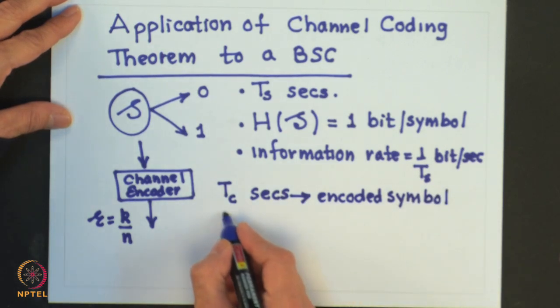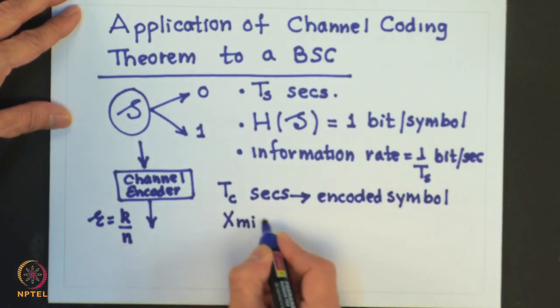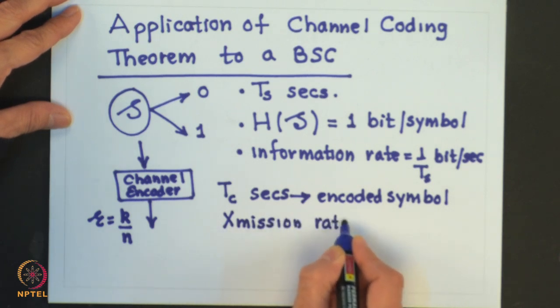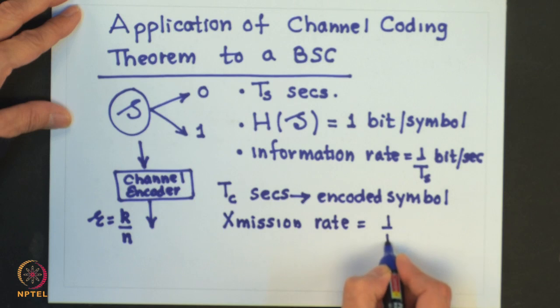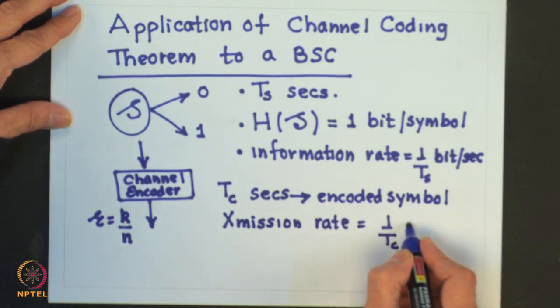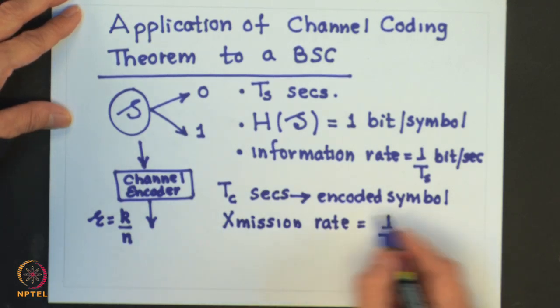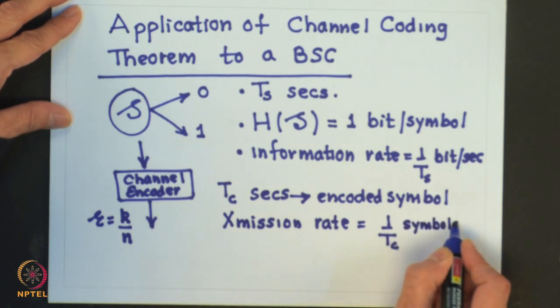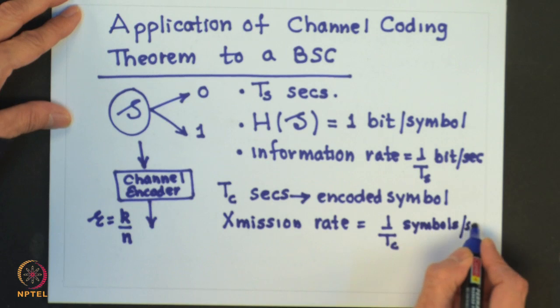So, the transmission rate would be equal to 1 by Tc symbols per second.